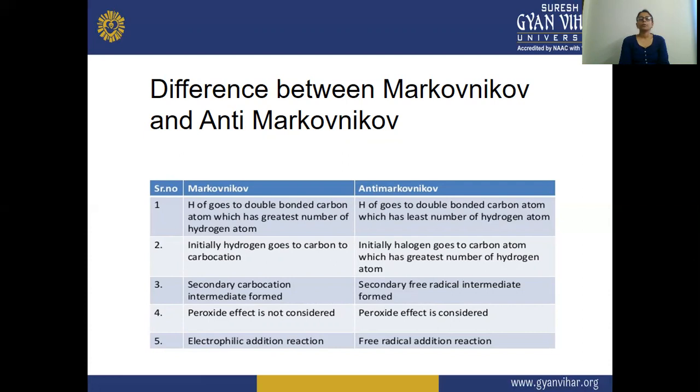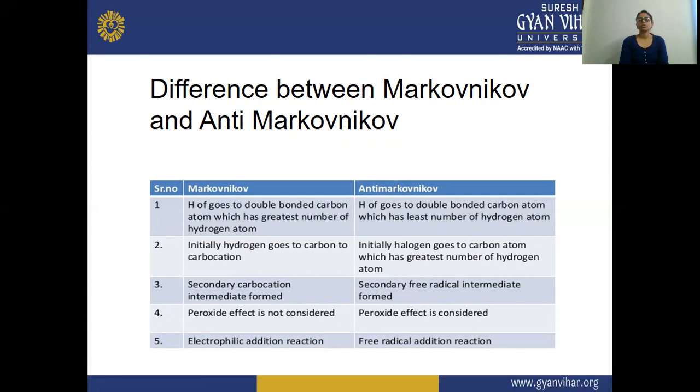Now the fifth point: in Markovnikov, there is an electrophilic addition reaction, meaning an electrophile is adding. But in the anti-Markovnikov rule, there is a free radical addition reaction, so free radicals are formed. Firstly, the peroxide.